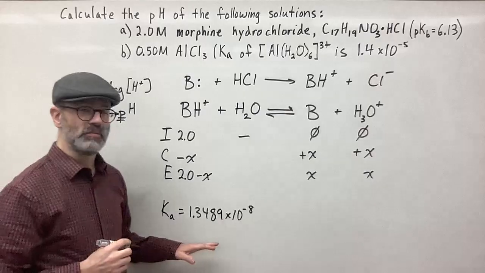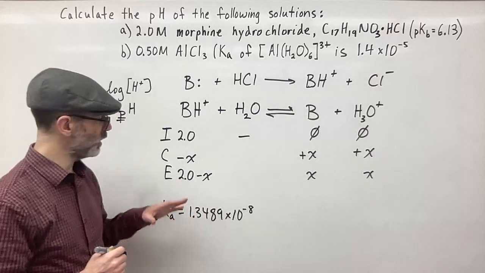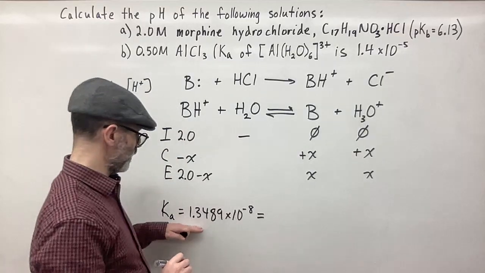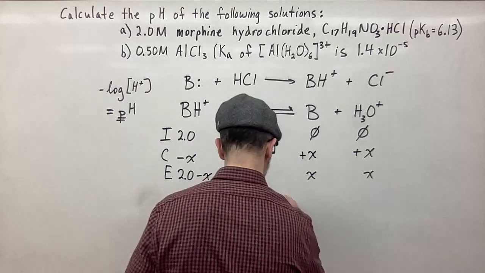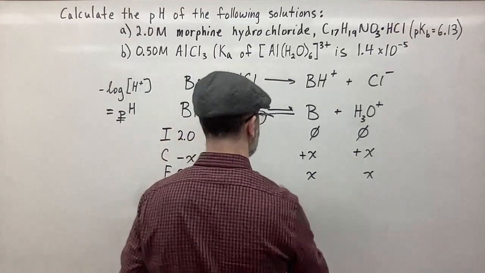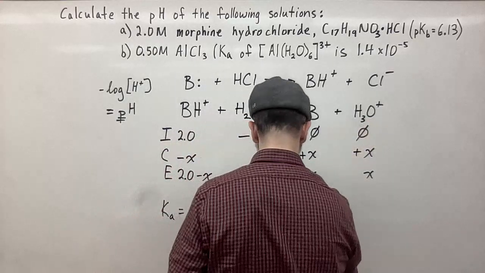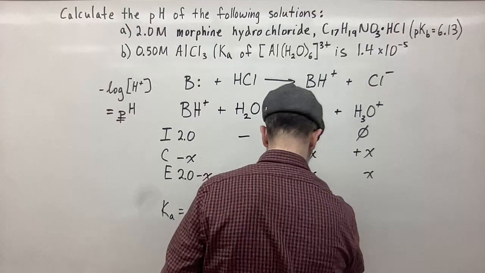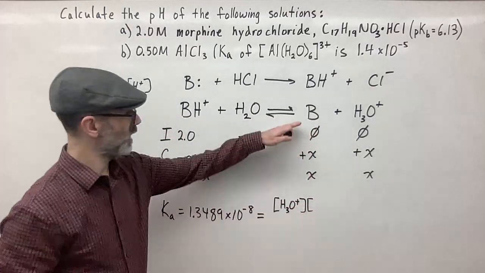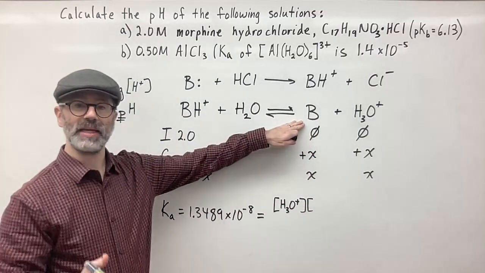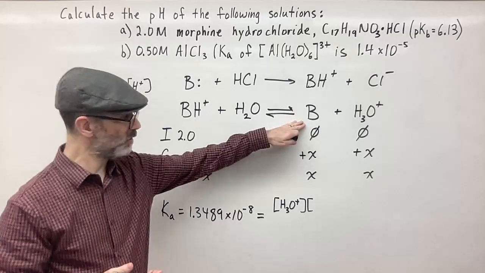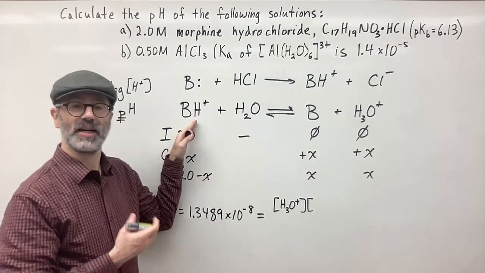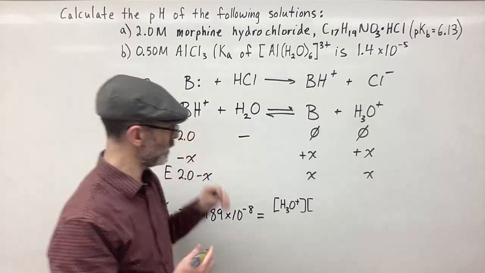So now we can plug it into our equilibrium expression. So the Ka is equal to the concentration of our hydronium ion, H3O plus, multiplied by the concentration of the base. In this case, it's morphine, right? Because we're starting with the conjugate acid form of morphine.